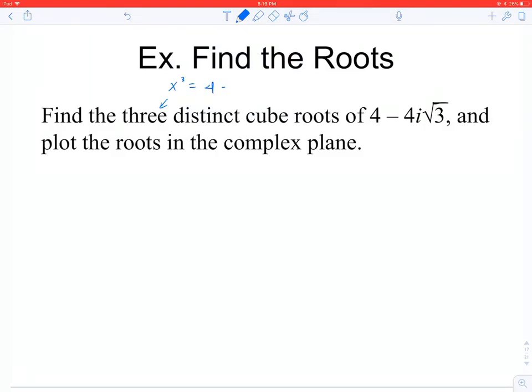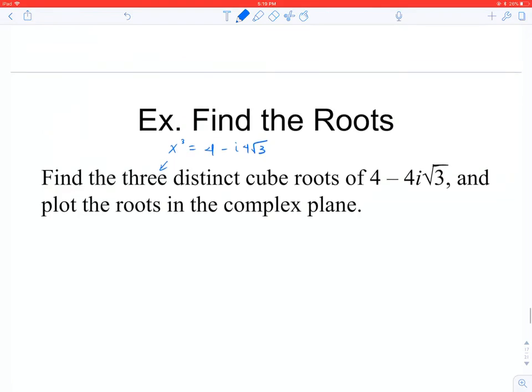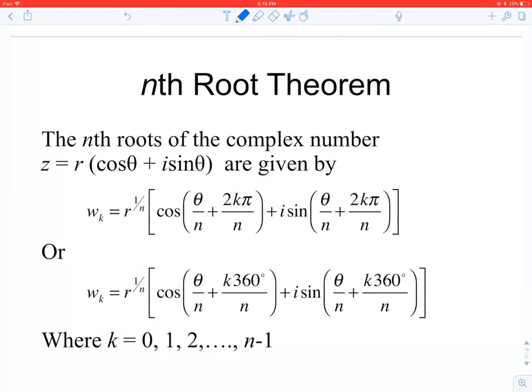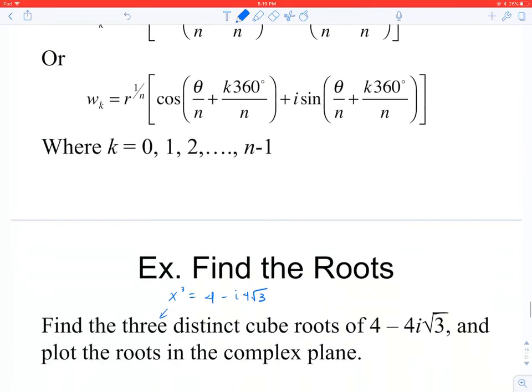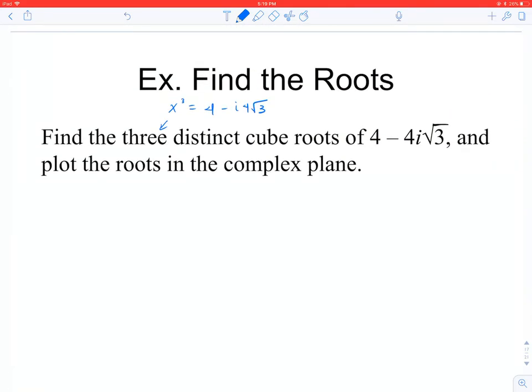So we're finding the three distinct roots; we're solving this equation. So notice that in the nth root theorem, our complex number has to be in polar form. So we need to rewrite this number in polar form.